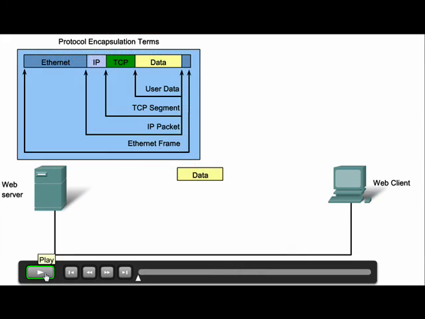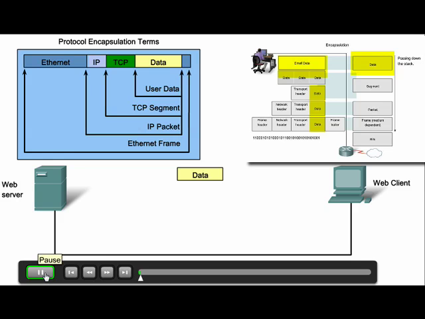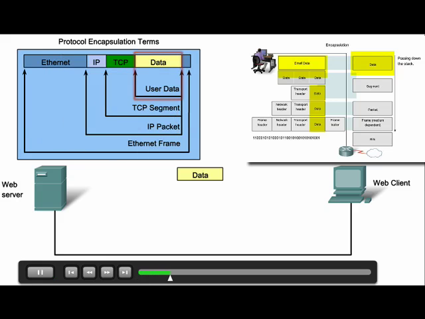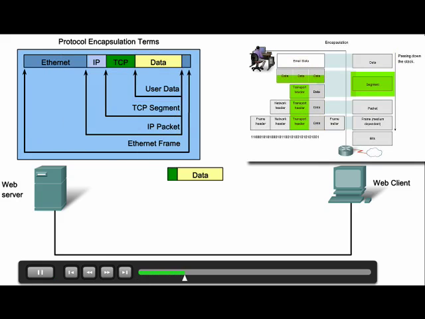In this web server example, we can use the TCP/IP model to simulate the process of this web server sending a message to the web client. First, the application layer protocol, HTTP, begins the process by sending the data to the transport layer. Here, the application data is broken into TCP segments. Each TCP segment is given a label called a header containing information about which process running on the destination computer should receive the message.